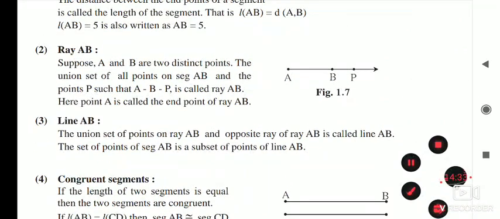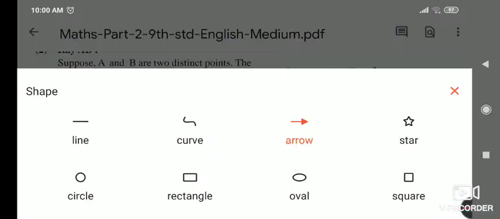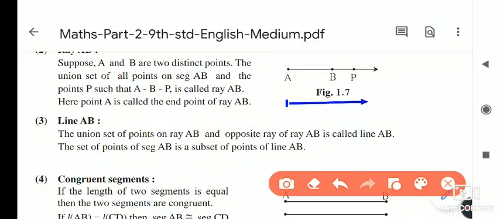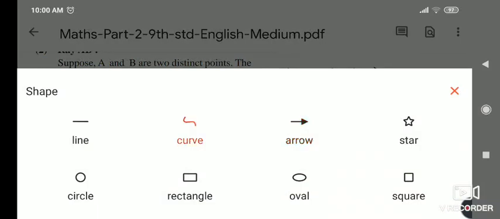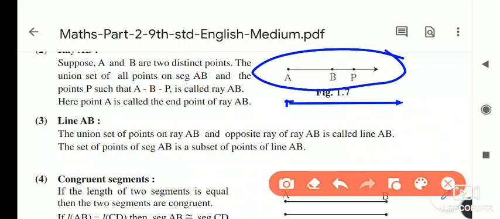So what is a ray? A ray has one end point, and on the other side there is an arrow. Here it is the arrow. Okay, so this is the ray, and we always read a ray from the end point. So which is the end point of this ray? If you see the ray given in our textbook, A is the end point of this ray.